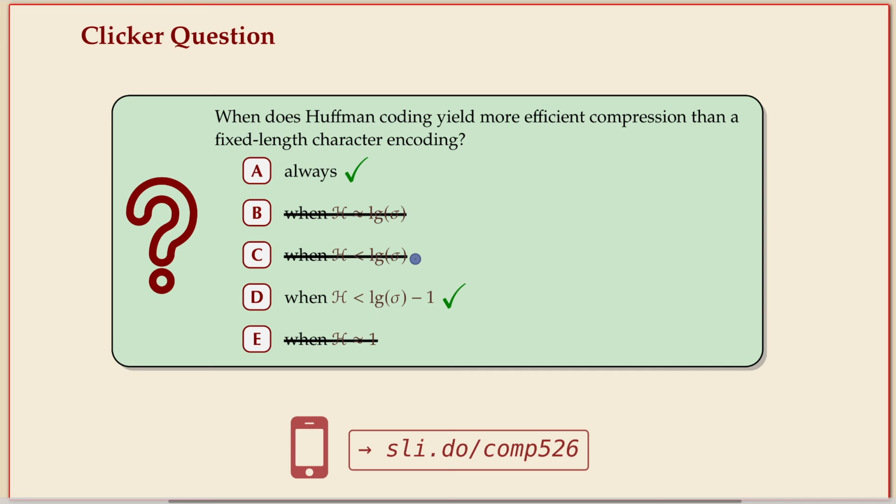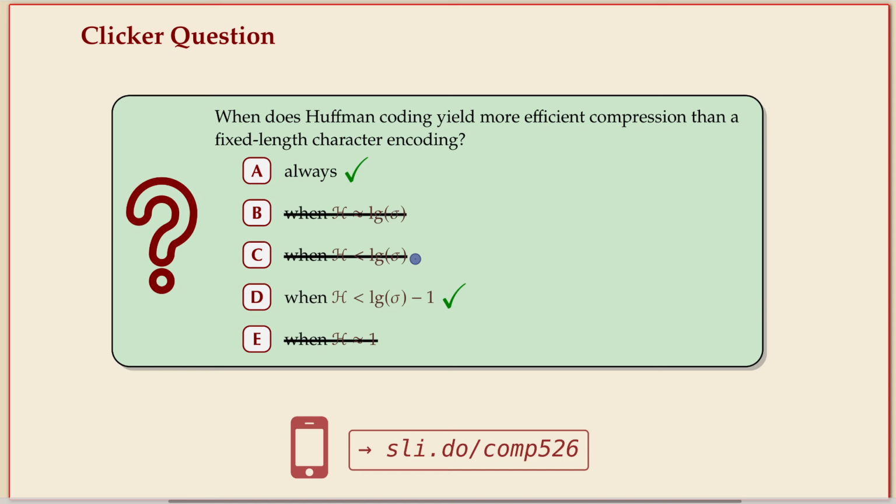But that's maybe something I didn't point out. The entropy is at most log sigma. That's just because it's not completely obvious. This sum that the entropy has is a sum with the concave function, and so it's maximized when all the arguments are the same. So the entropy is maximal if the distribution is uniform.